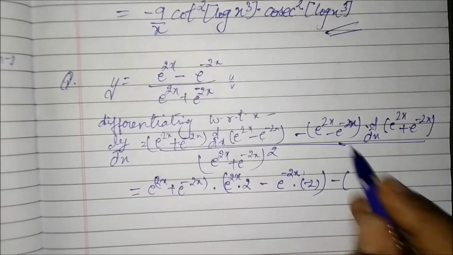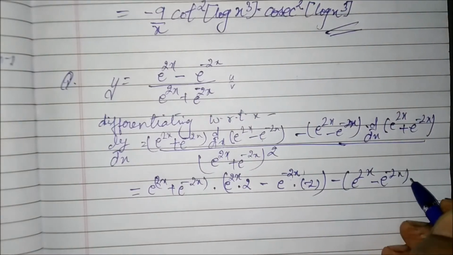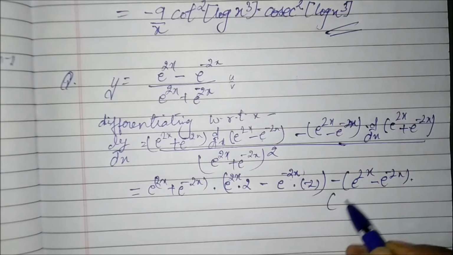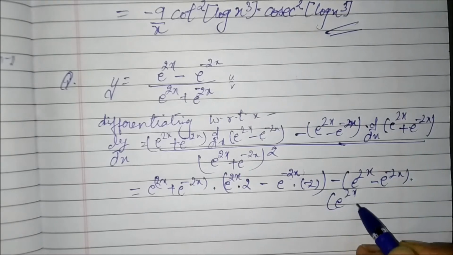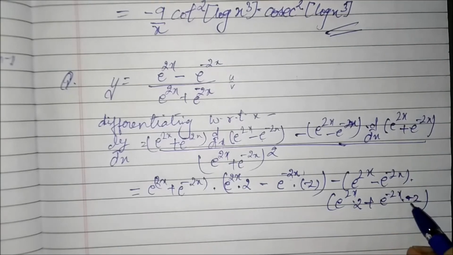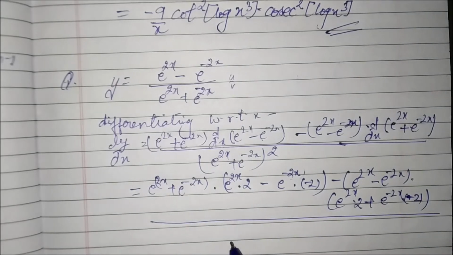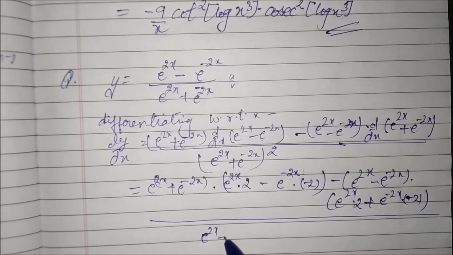Again here we will copy this term and do the derivative of this. So we write e raised to 2x into 2 plus e raised to minus 2x into minus 2, upon v square, e raised to 2x plus e raised to minus 2x whole square.